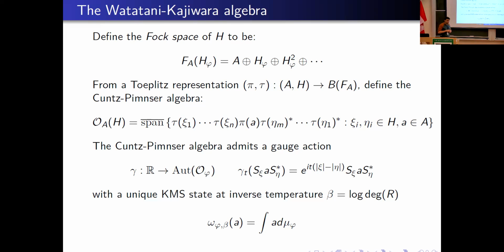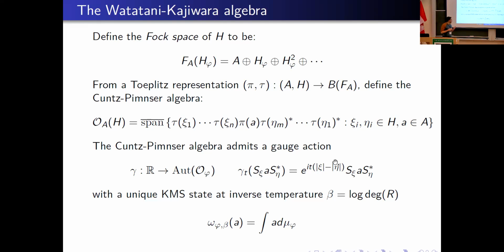You construct the Fock space from this right Hilbert module. You have a Toeplitz representation, and the Cuntz-Pimsner algebra is just this algebra modding out the compact operators, and you have a gauge action, given by multiplication by this complex number.